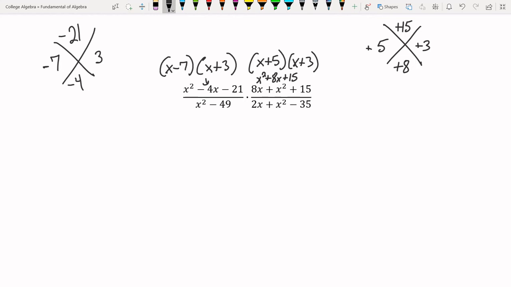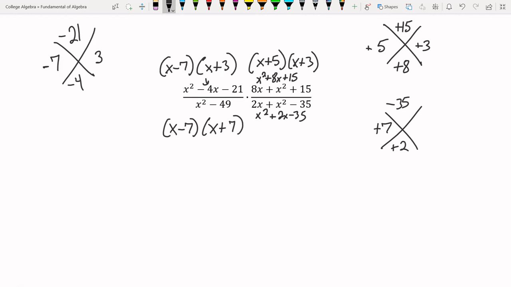X is being squared and 7 is being squared, so we can immediately factor that to x minus 7, x plus 7. And then the bottom right, x squared plus 2x minus 35. Here we have negative 35 over positive 2. And now we see positive 7 and negative 5 are what give us the multiplication of negative 35 and the addition of positive 2, giving us x plus 7 and x minus 5.